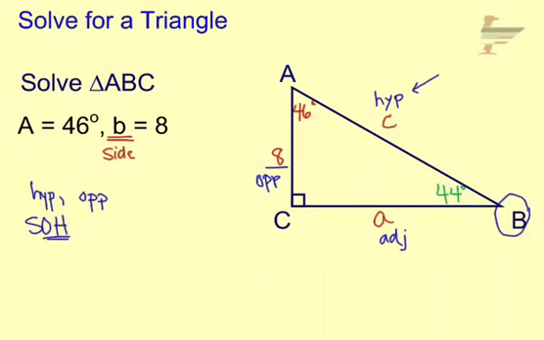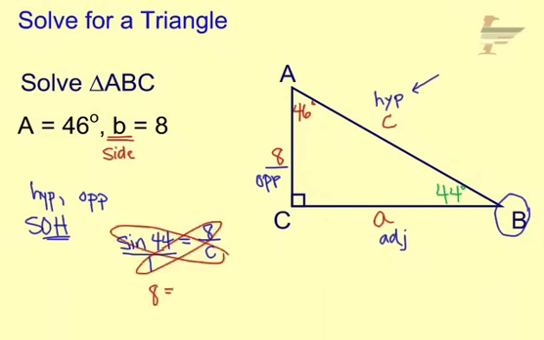So we set up sine of our angle, which is 44 degrees, equals opposite over hypotenuse, so it's going to be 8 over C. And now we can solve for C. If we want to set this up like a fraction to cross multiply, we can say 8 times 1 is 8 equals sine of 44 times C. Divide both sides by sine of 44.